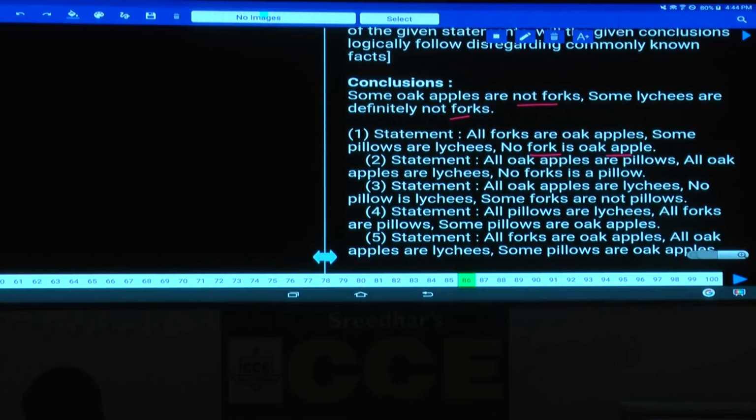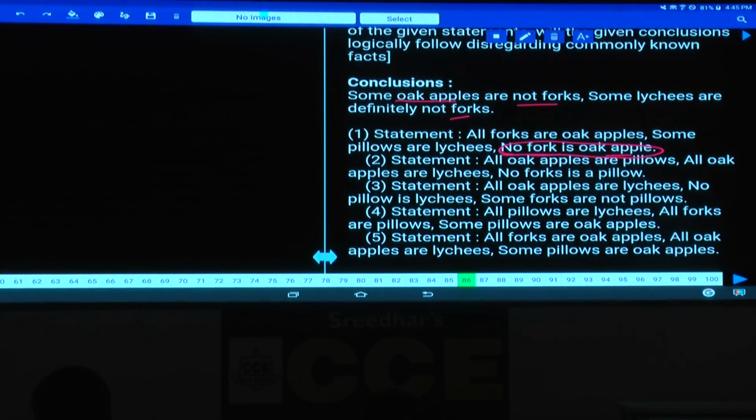What are the conclusions that can be drawn with the help of this statement? No fork is oak apple, no oak apple is fork, some forks are not oak apples, some oak apples are not forks.